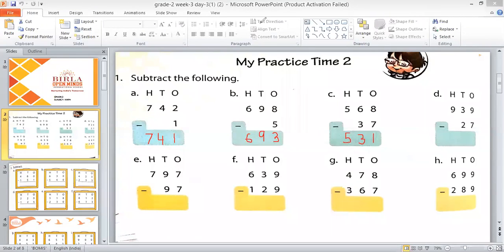And 27. So you will read it as, Ashrita, you have to read this minus sign also. So you will read it as 939 minus 27. How you will read? 939 minus 27.